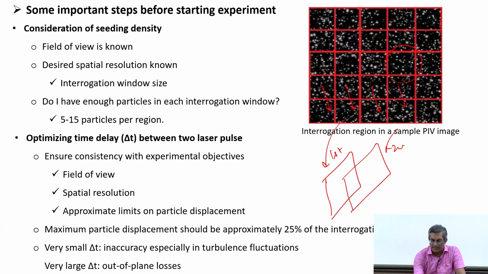Here you see this is basically the spatial resolution, meaning within this distance only you can take measurements. Now, why is it important? Because imagine this distance is larger than the Kolmogorov scale, then you can never resolve the Kolmogorov scale in your flow.